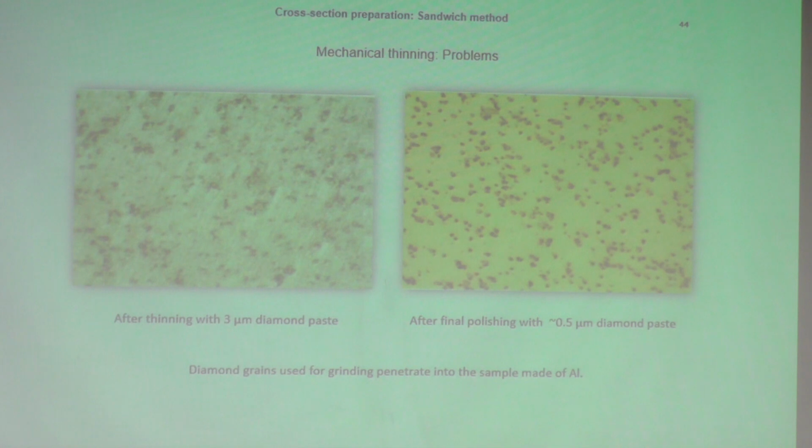In the case of aluminum, which is soft, it can bring these diamond grains into your aluminum, and you can change the microstructure of your material by such inclusions, which you don't want to have.